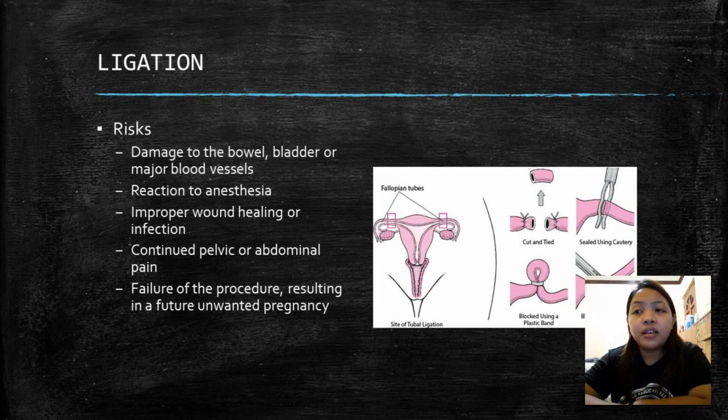It requires anesthesia. Risks associated with tubal ligation include damage to the bowel, bladder or major blood vessels, reaction to the anesthesia, adverse reaction, improper wound healing or infection, continued pelvic or abdominal pain, failure of the procedure resulting in future unwanted pregnancy.